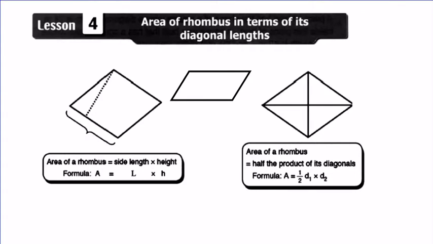This is a parallelogram, and the rhombus is like it, but in the rhombus all sides are equal. In the parallelogram, the sides are not usually equal. Area of the rhombus equals what?